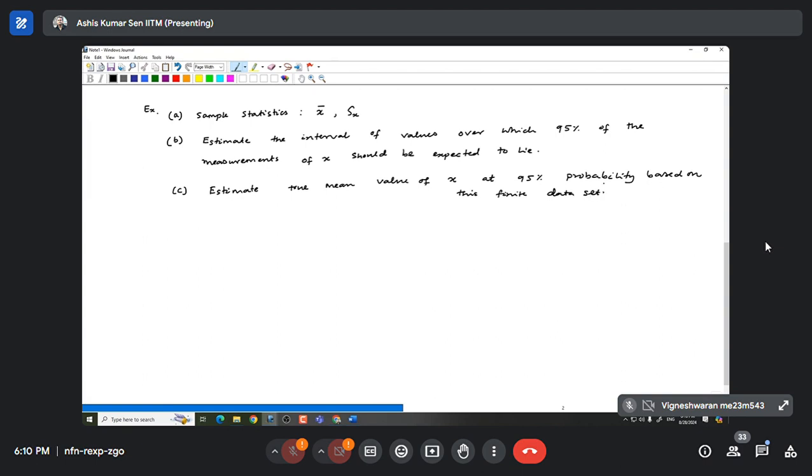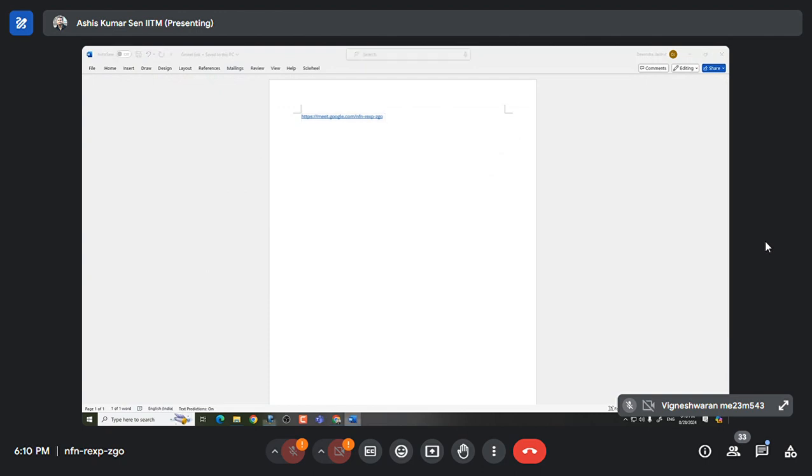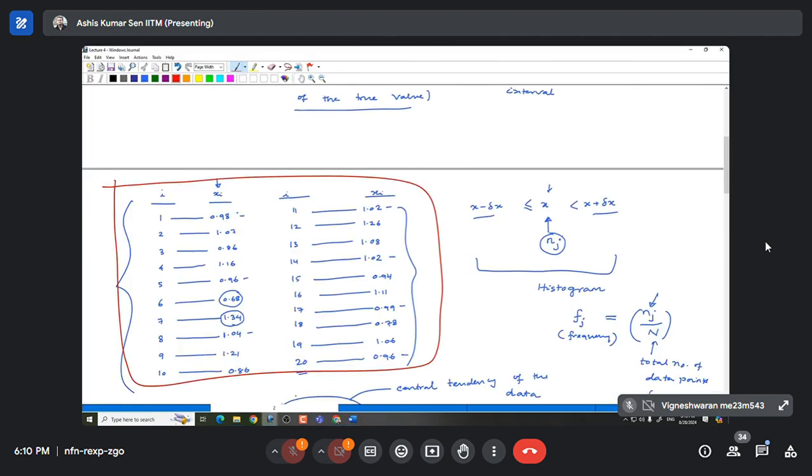Okay, so I will tell you what we are interested in. So we have this data set. So we are interested to find the mean value, the standard deviation value. That is the point number A. Point number B is that we want to estimate an interval of the value of X within which 95% of the measurements of X should be expected to lie.